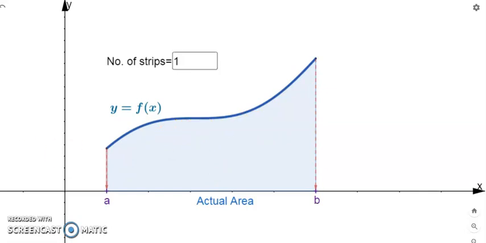And what happens in the trapezoidal rule is that we make use of this red dotted borderline, the x-axis, to form a trapezium, in the way that we connect this point with this point with a straight line, and therefore form a trapezium.